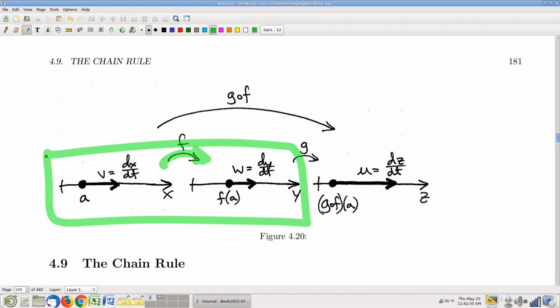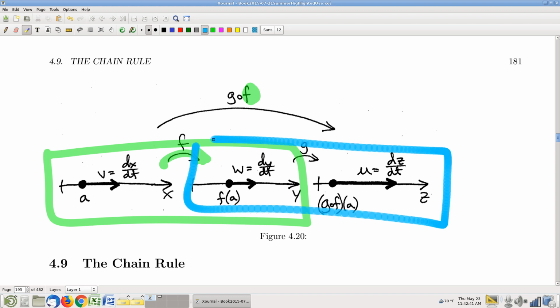And if you have g takes inputs and gives outputs, let's call them y and z. Noting that if we're going to compose them, what comes out of f is going to be what goes into g, we better think of g with y as its input, because f spits out y's, and this is kind of a natural naming choice.